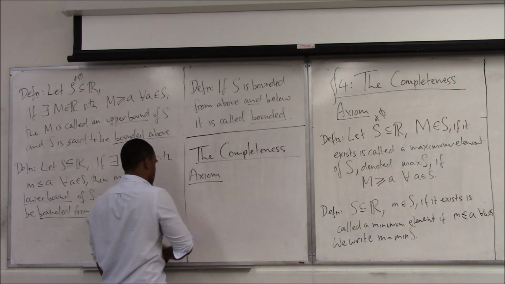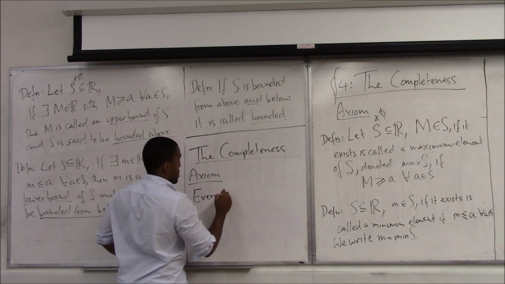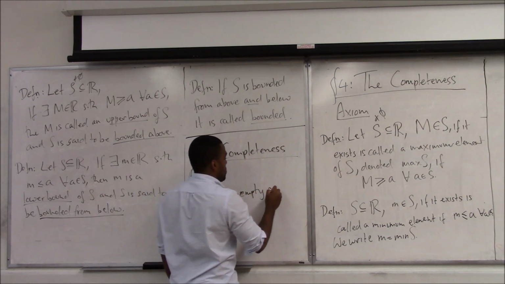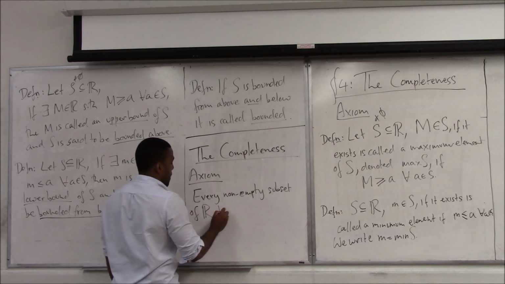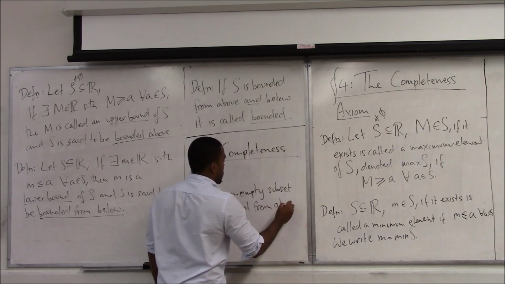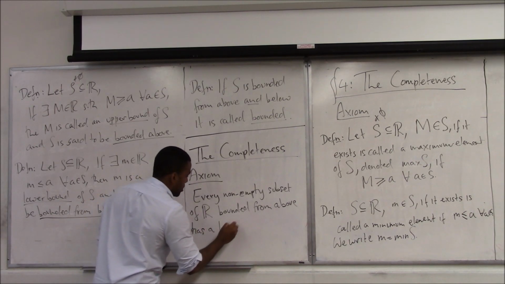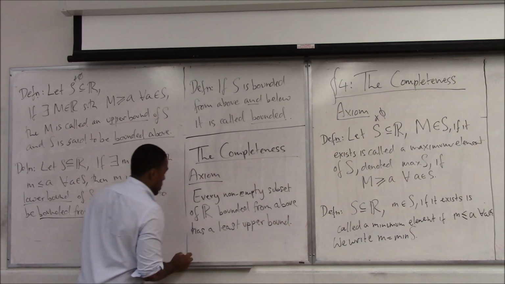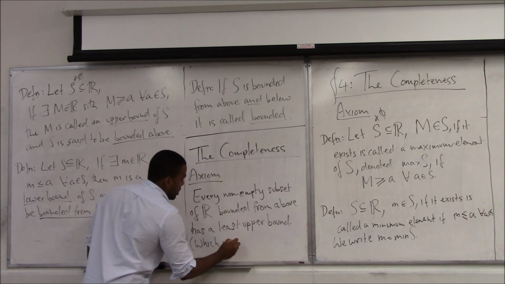It says simply, every non-empty subset of R bounded from above has a least upper bound, which is an element of R, by the way.